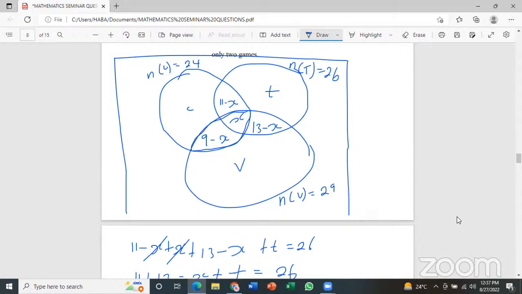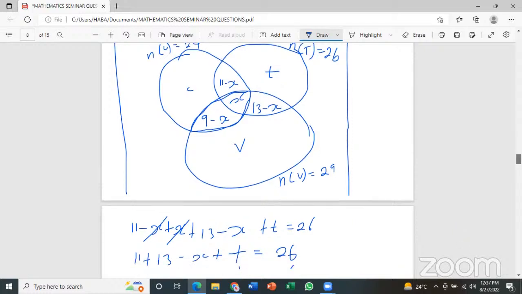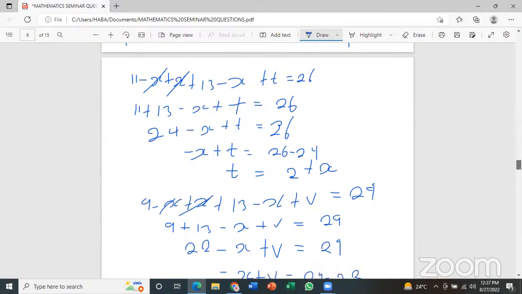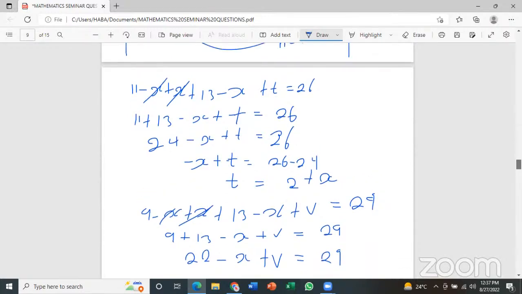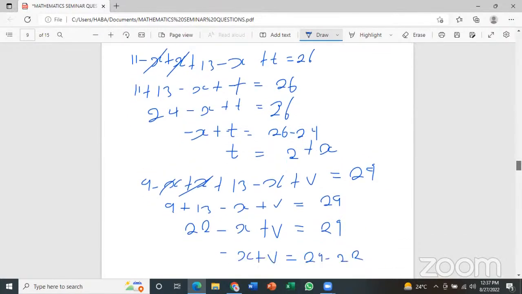Are we done with the diagram? Then the rest. Maybe we are going to later share the recording of this.